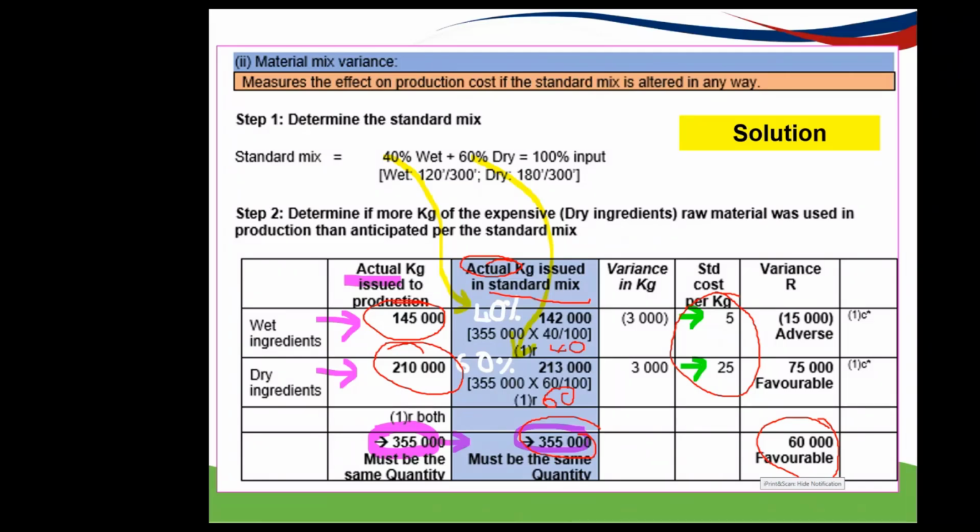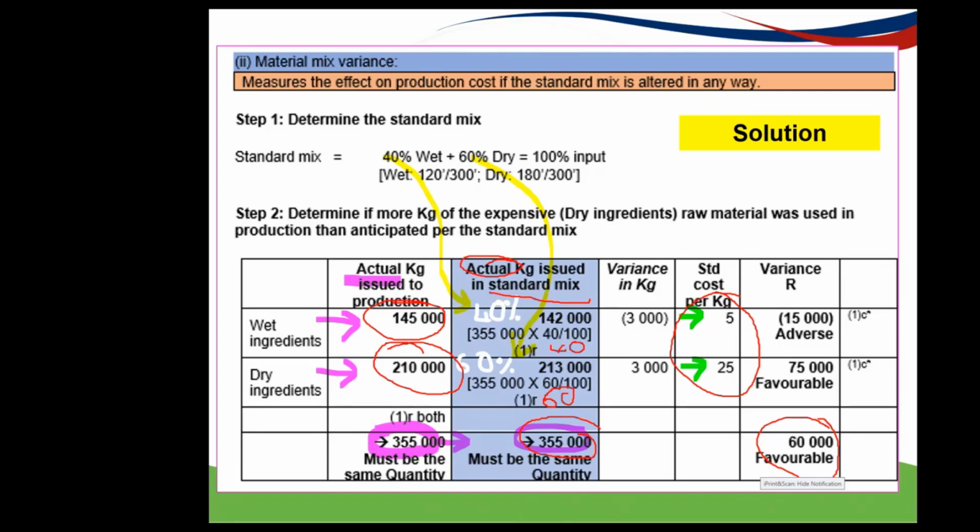Yes, for the weight. My logic here was that since you've used more than what you were supposed to use in terms of ingredients, for weight, that is an adverse variance.